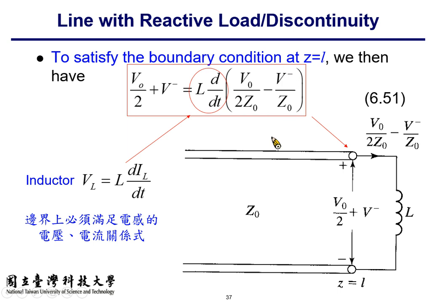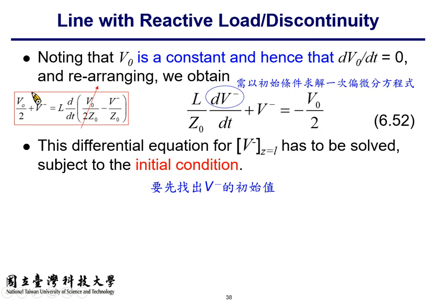The V minus signal, as a result, should be a time-dependent function. So the first term goes away. For the second term, the Z sub 0 can be taken out of the differentiation operation, but we need to preserve the time derivative expression over here.